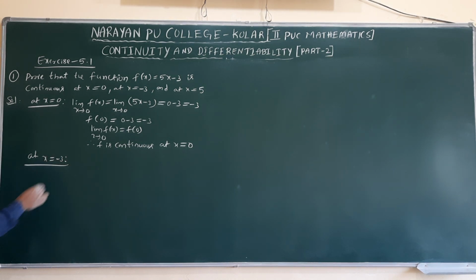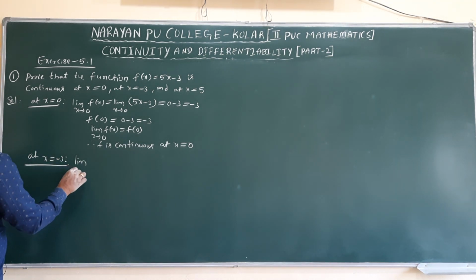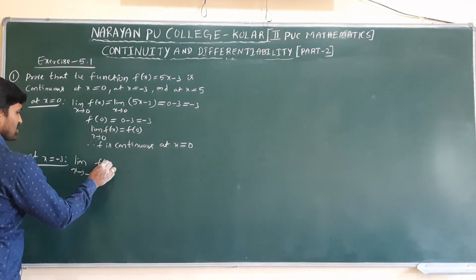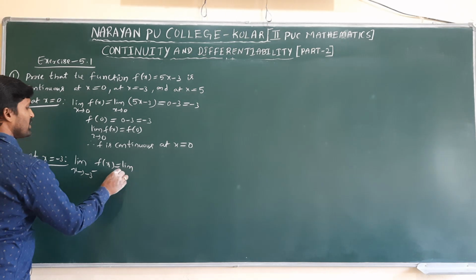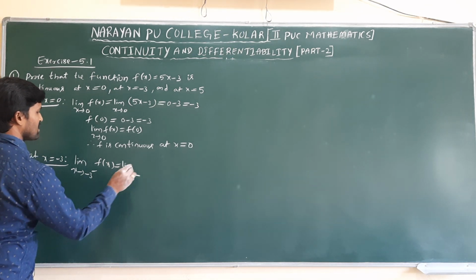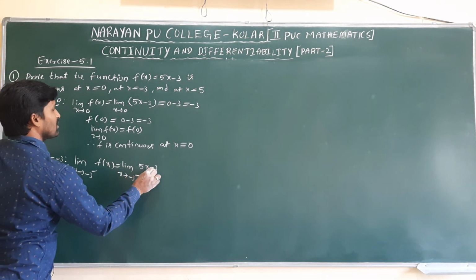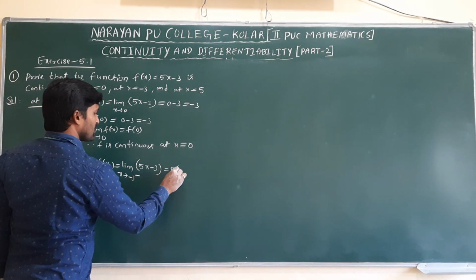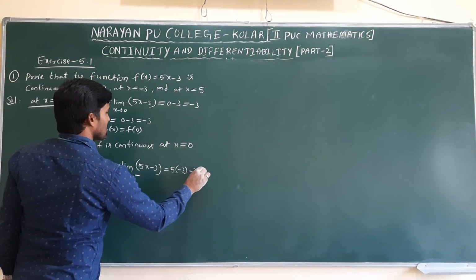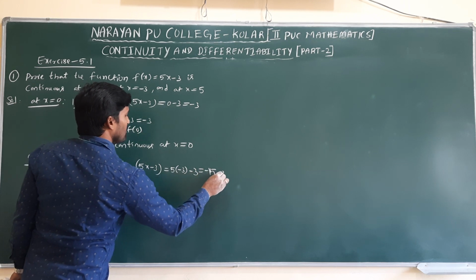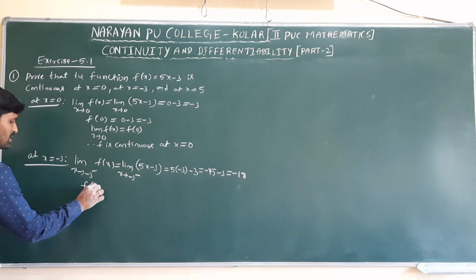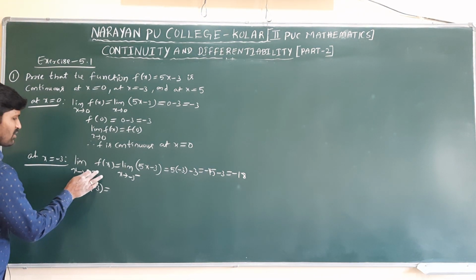Next, at x equal to minus 3. Limit x tends to minus 3 of f of x, what is it? 5x minus 3. 5 into minus 3, minus 3, minus 15 minus 3, that is minus 18. Next, f of minus 3. Sorry, minus is not required here.